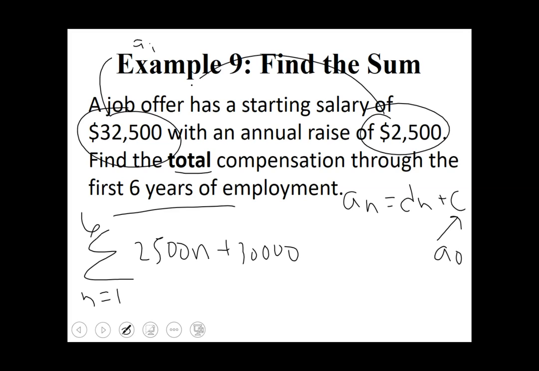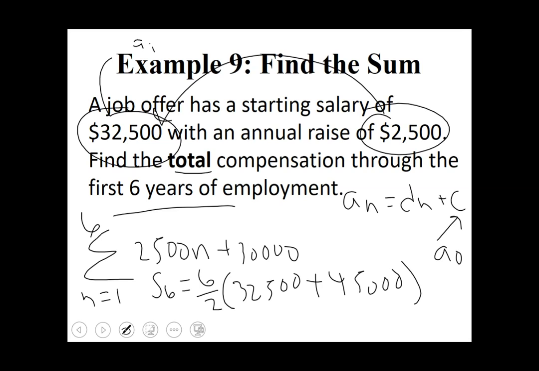So you would have to subtract 2,500 from 32,500 in order to get the y-intercept, which is 30,000. If you then wanted to find the sum of the first 6 years of employment, you would have 6 over 2. During the first year of employment, you'd be making 32,500. During the 6th year of employment, you'd be making 45,000. And again, you would get those values by plugging in 1 and plugging in 6.